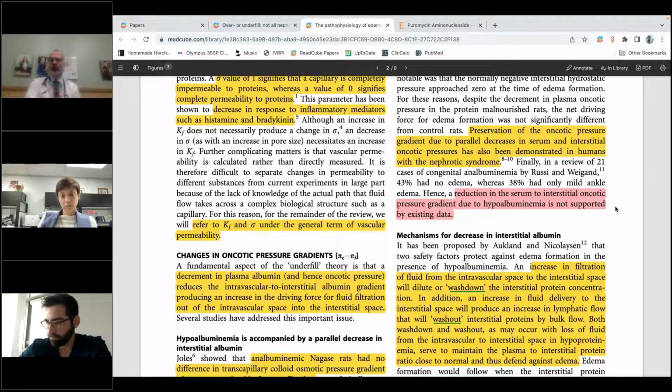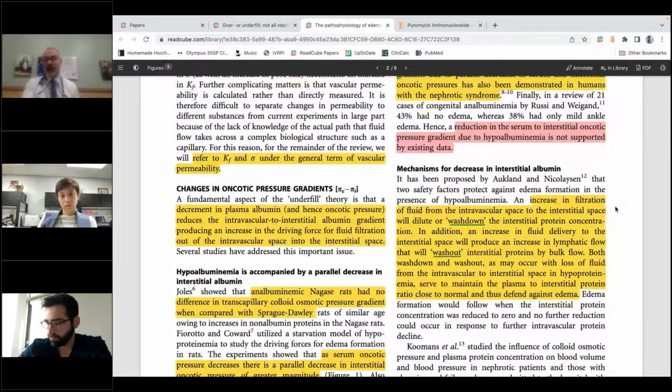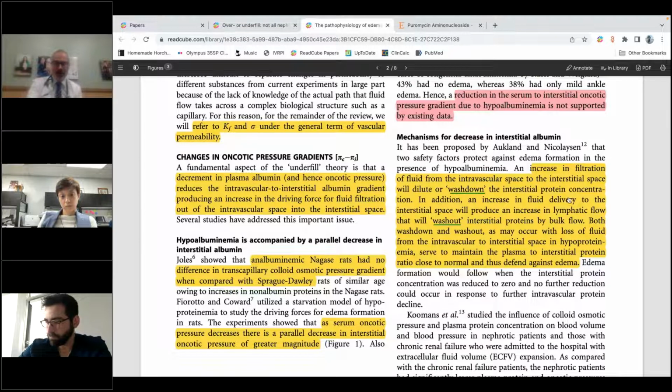And they go through a couple reasons for why that might occur, and that's the washdown and the washout. So the washdown is where if you do have initially hypoproteinemia and that interstitial oncotic pressure is in fact higher, that's going to pull more fluid from the intravascular space to the interstitial space, and that's going to dilute the proteins that are there. It's going to reduce that interstitial oncotic pressure. That's the washdown. It dilutes it.